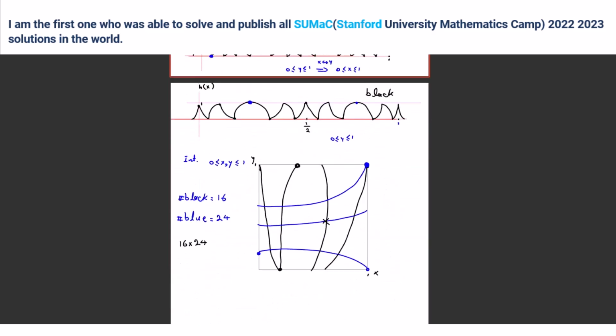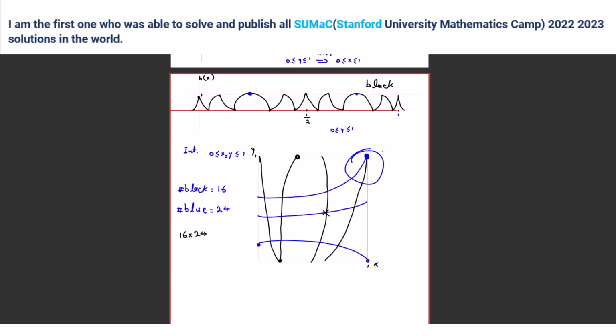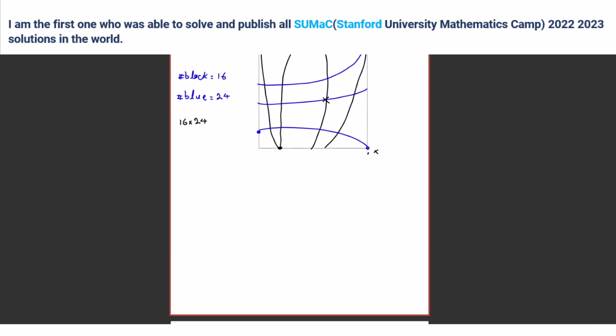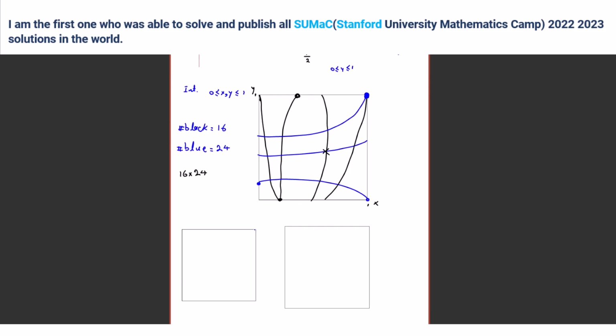Okay, so let me consider this one. Here we want to see how many intersections there are, whether we have only one or more. We've calculated this one here. Two things happened here, so let me tell you what the cases are. The first case can be something like this.